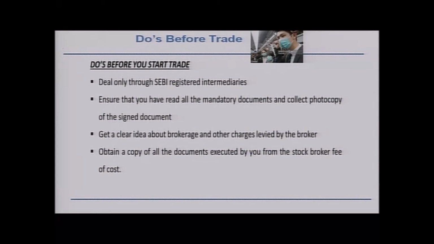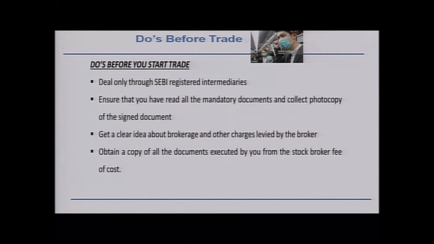If you are opening an online account, you have the right to get the digitally signed or e-signed document on your email ID. If you have not received it, kindly ask for the digitally signed document of the information you have given to your DP or member. Get a clear idea about the brokerage or other charges levied by any intermediary, broker, or DP.